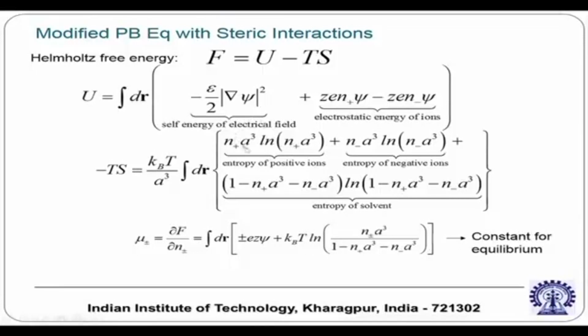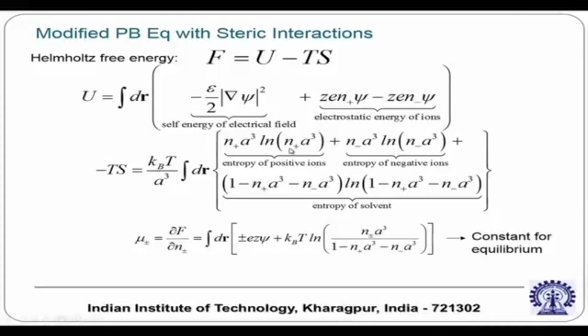This is entropy, n plus is the number density. So this is the entropy of the positive ions. You can recall that in the free energy expression there was a log of concentration term when we derived it in the Boltzmann distribution, that essentially is modified with the size parameter effect.